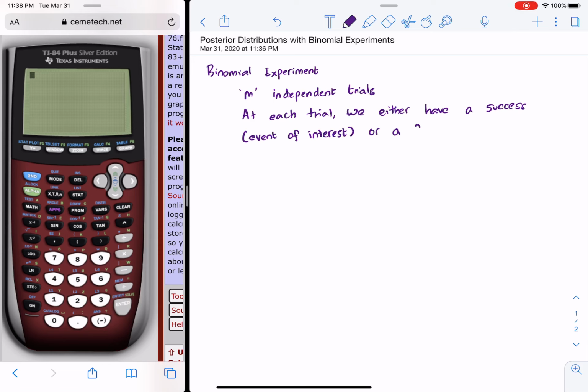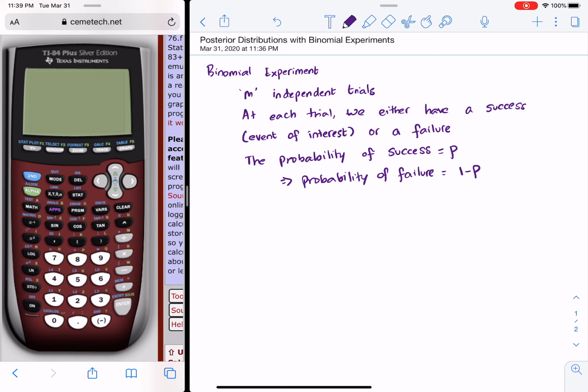Or a failure. And we know the probability of success, and that would be P, which naturally would imply that the probability of failure is 1 minus P.